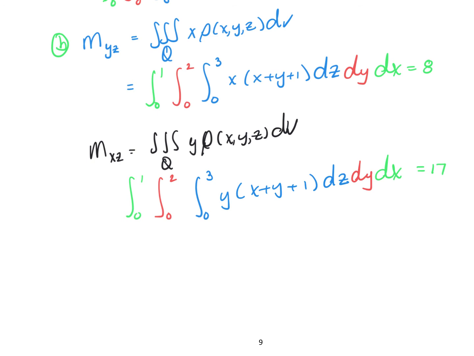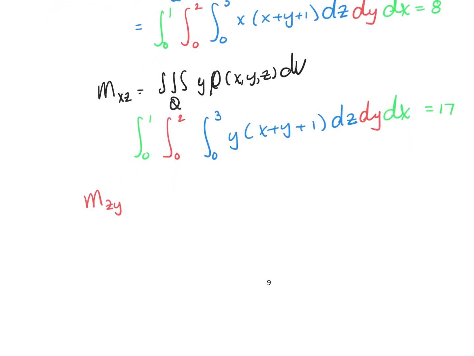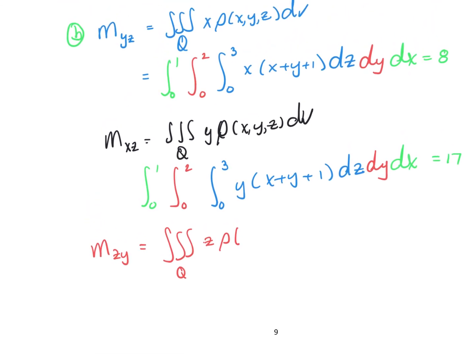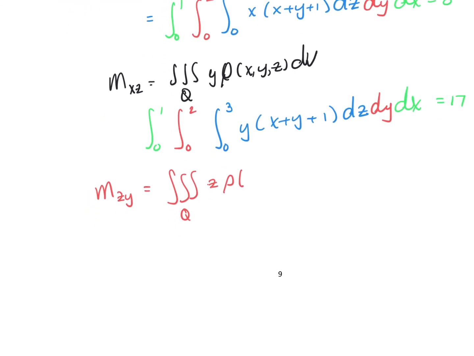Last one, M of, let me see, it would be xy, which is equal to the integration over Q, and that'll be z of my rho. The last one I didn't have is xy. That's why there's a z there. Rho xyz dV.